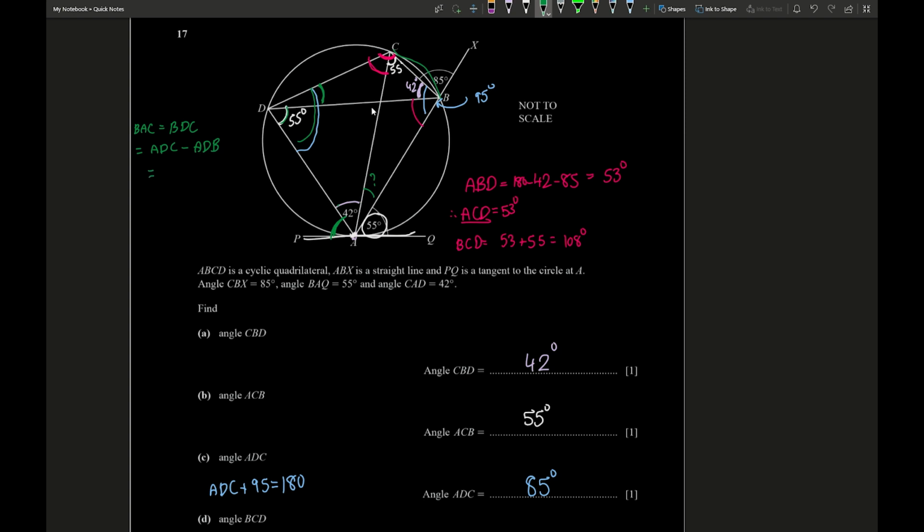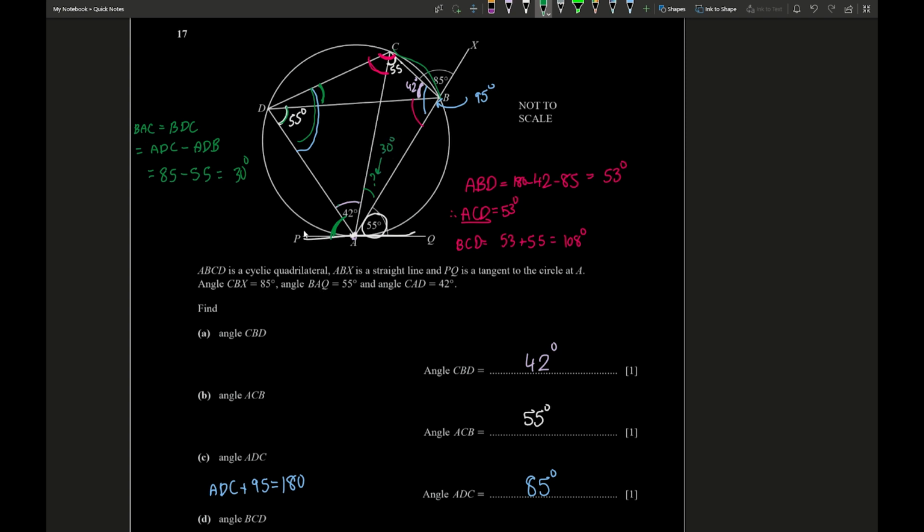We already know that ADC is 85 degrees. So 85 minus ADB, which is 55, will give us 30 degrees. That means that BDC is 30 degrees and BAC is 30 degrees.